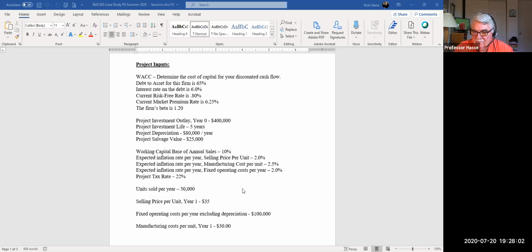Working capital base of annual sales is 10%. Expected selling price inflation, as variable cost. The fixed operating cost per year increases at 2%.